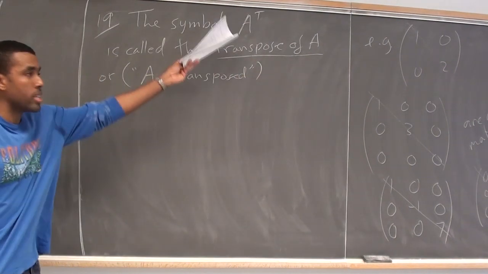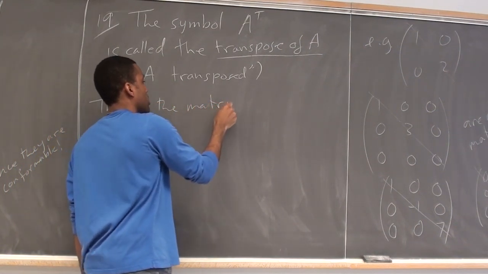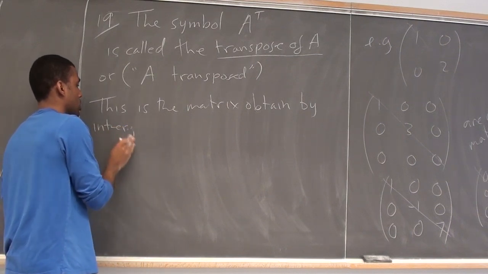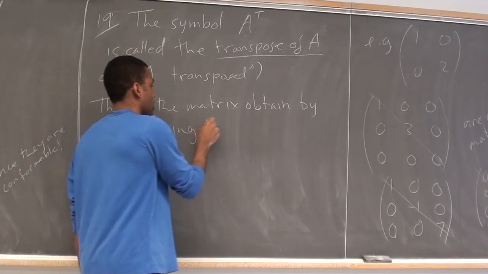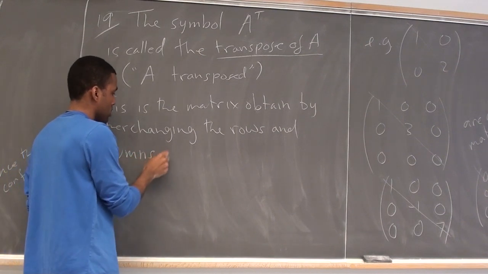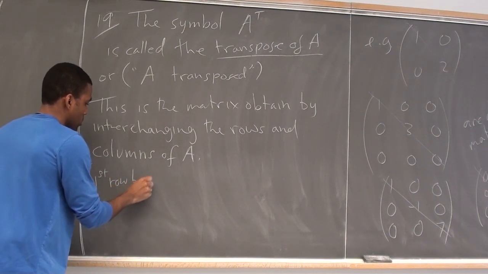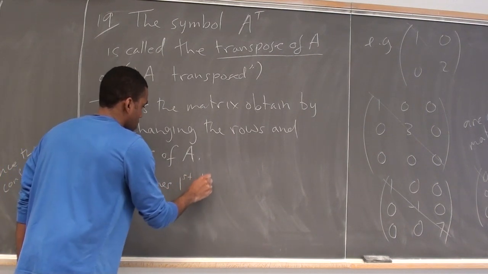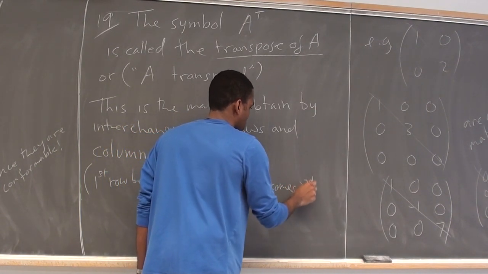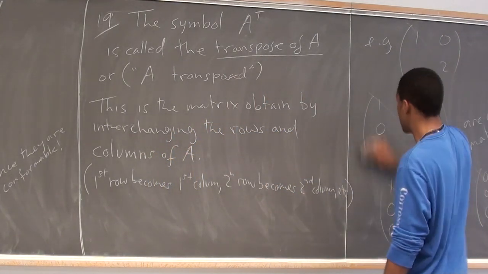So if I say A transpose, I mean this matrix: the matrix obtained by interchanging the rows and columns of A. First row becomes first column, second row becomes second column, etc.